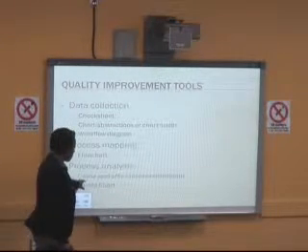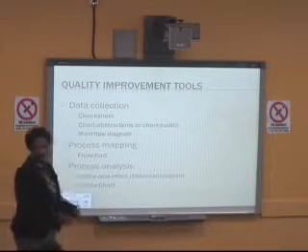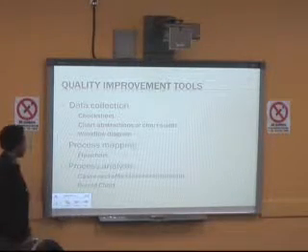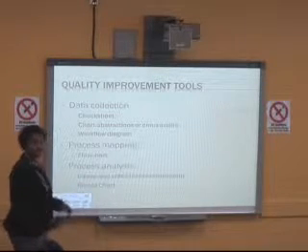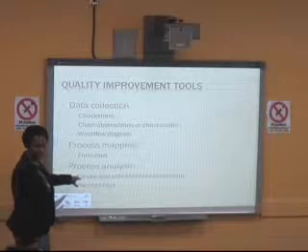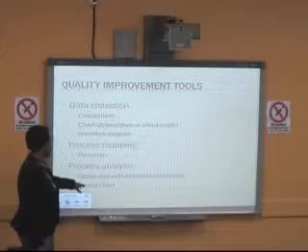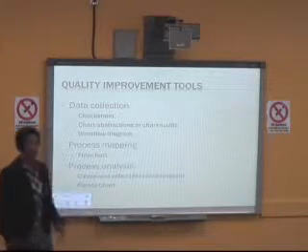And then you have process analysis. These are a little bit more sophisticated, and these typically are used in larger scale projects. We talked about surgeries. For a surgery department project, you might use a process analysis tool just because it's a little bit more sophisticated. One type is a cause and effect diagram.